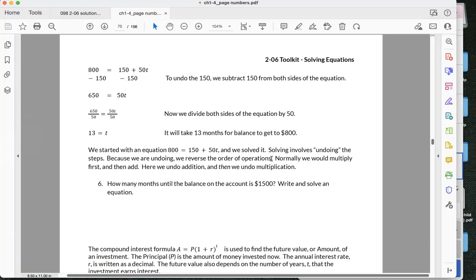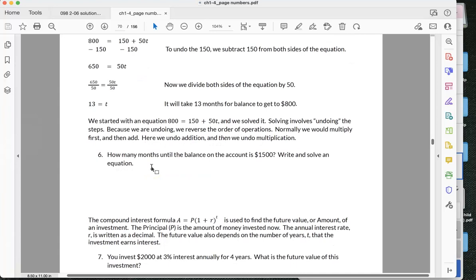So I rearranged the order of the topics, and once we cover order of operations, then you'll know what I'm talking about here. Normally we would multiply first and then add, but here we undo the addition. We undo the addition and then we undo the multiplication. So don't worry if that doesn't make much sense to you right now.